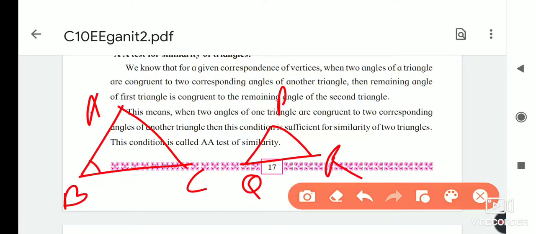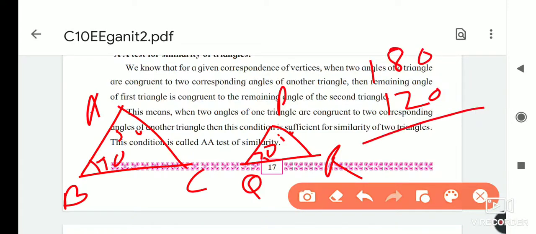Suppose this angle is 70 degrees and this is also 70 degrees, and this one is 50 degrees and this is also 50 degrees. If you add both, you get 70 plus 50 is equal to 120. According to the property of a triangle, the sum of all angles is equal to 180. If you do the subtraction, you will get 60. So C is equal to 60 and R is also equal to 60.